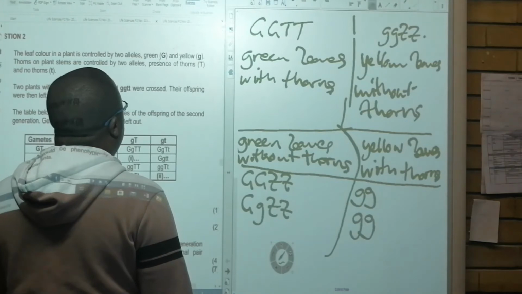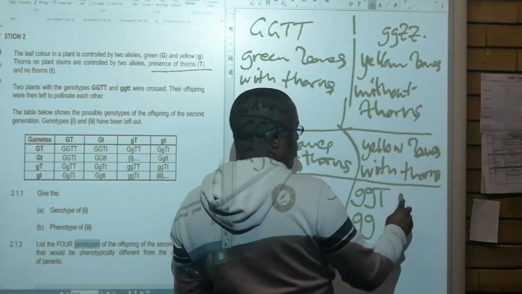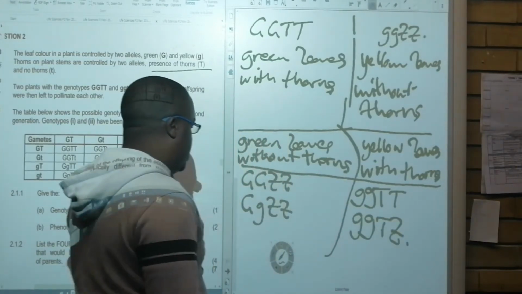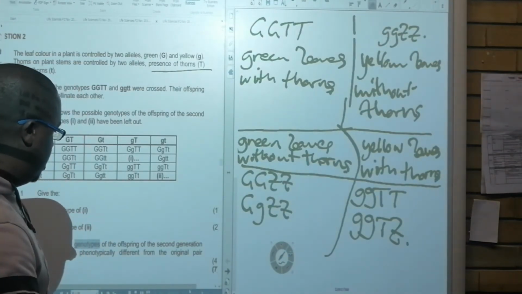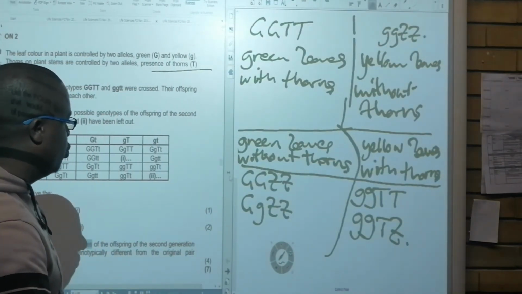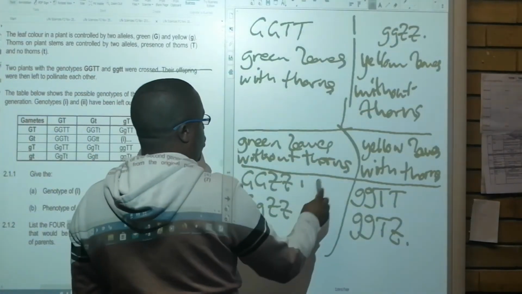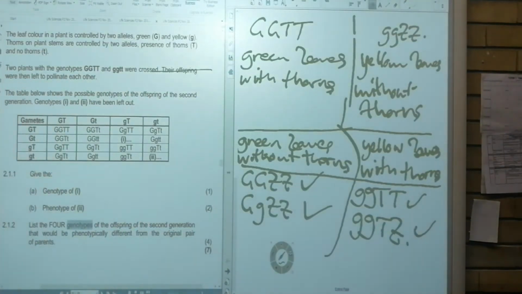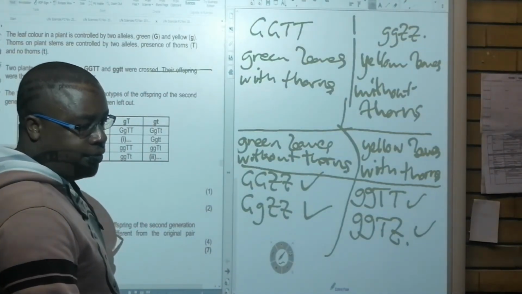And thorns is a dominant allele, so it can be homozygous dominant or heterozygous. And how many marks was this question? It was 4 marks. So all you had to do was to state the 4. 1, 2, 3, 4. I hope you got that. Let's go to the next question.